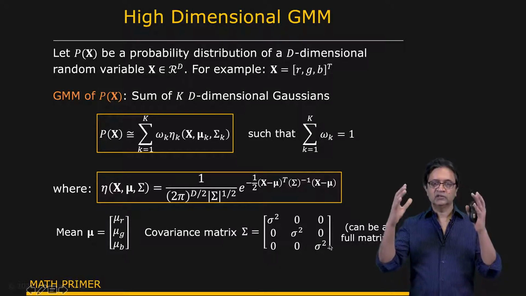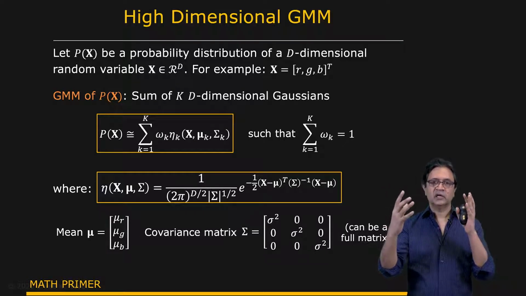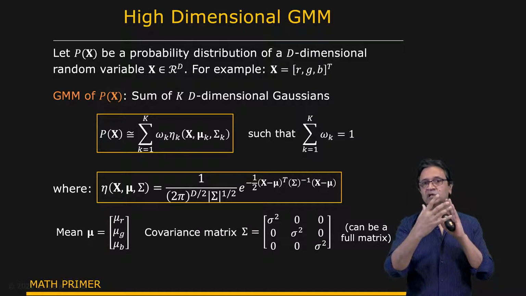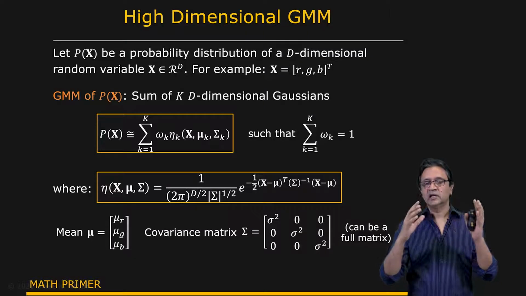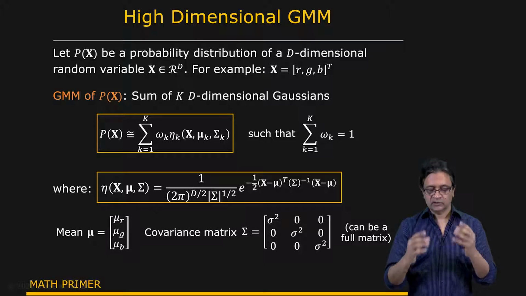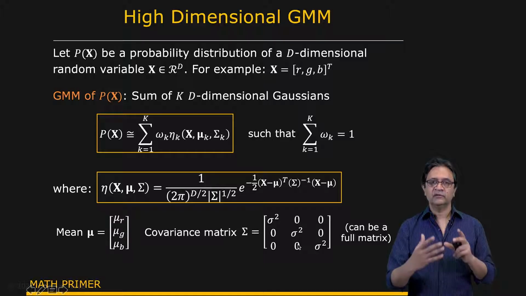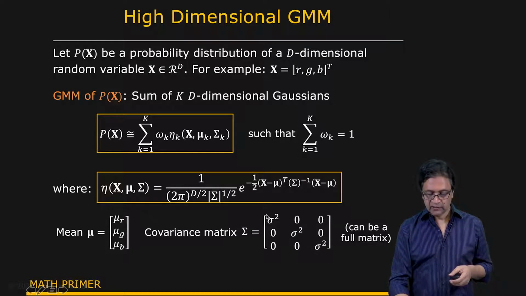So imagine your Gaussian in high dimensional space. Let's start with 3-dimensional space. In this case, you may have the same sigma along red, green, and blue. That means it's a symmetric Gaussian. In that case, your covariance matrix would have sigma squared down the diagonal, the same value, and 0 everywhere else. If you have different sigmas along red, green, and blue, you would still have a diagonal matrix, but these sigmas would be different.